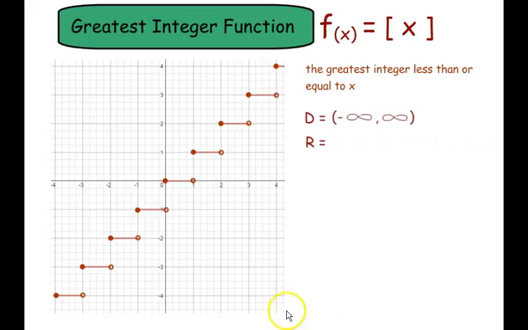And the range, can you see the range of values? What are all the possible y values? All the y values are the integers. And the way to list them is like that. We can see from the graph that the greatest integer function has no asymptote.